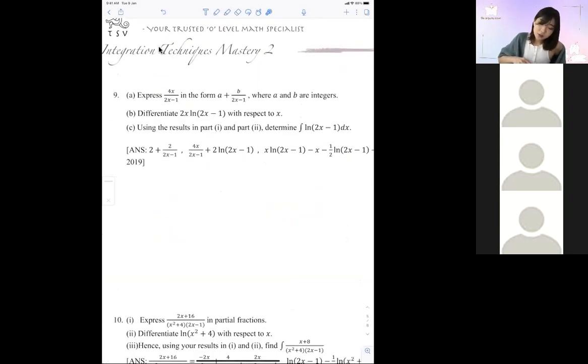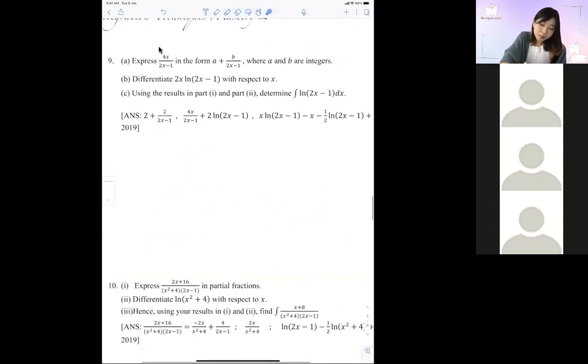So when the question say that I want you to leave it in this form, you know that you have to do long division. Joshua, do you finish 9A? Yeah, the whole question. Finish already, huh? Very good. Okay. So Dylan, can you try part A and part B?